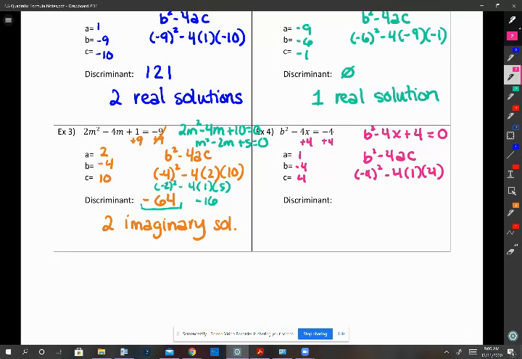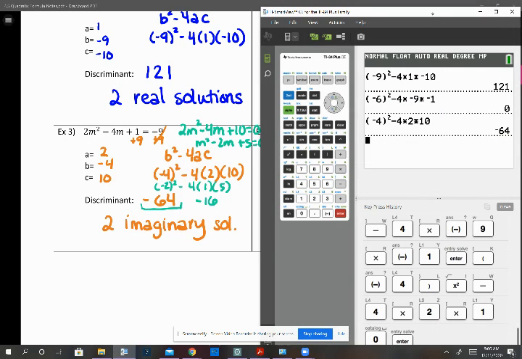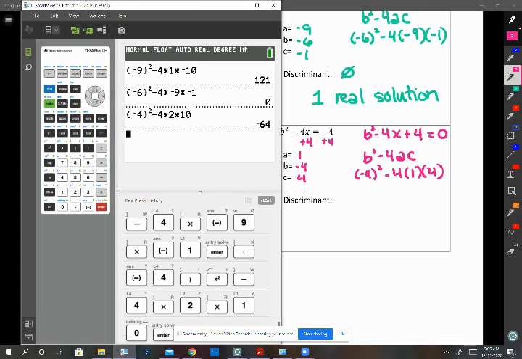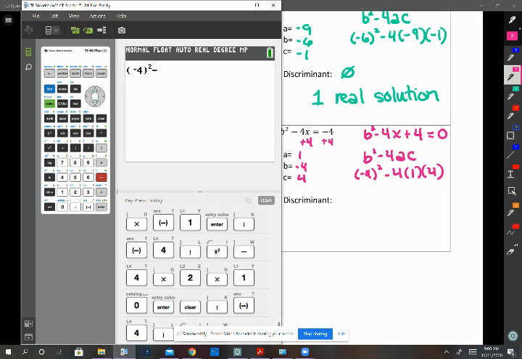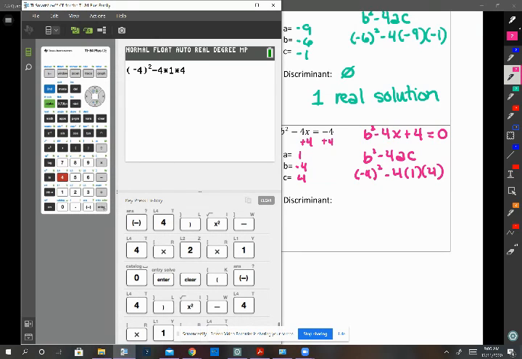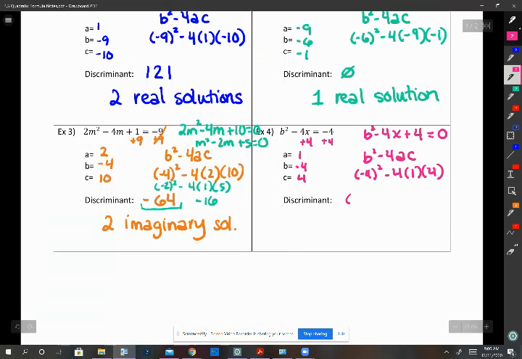We plug it into the calculator: parentheses, negative 4 squared. It looks like most of our examples have had b be negative, but that's not always the case. b can be positive. We multiply, and we get 0 again. If you get 0, then that means you have one real solution.